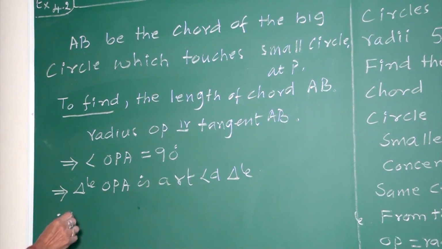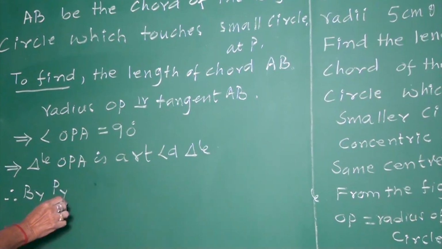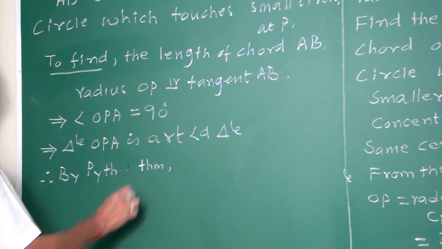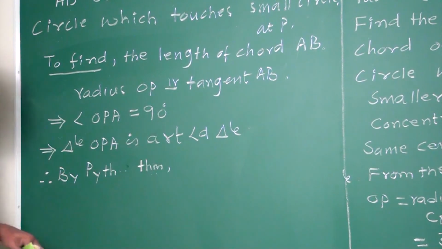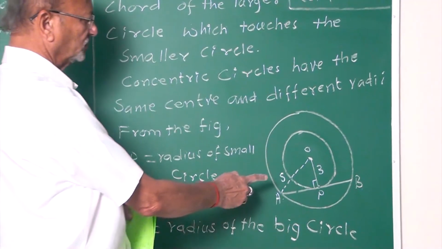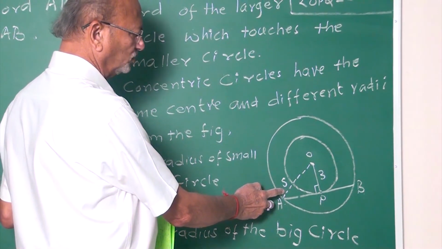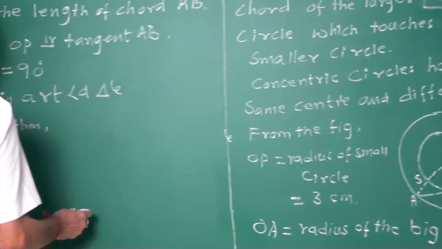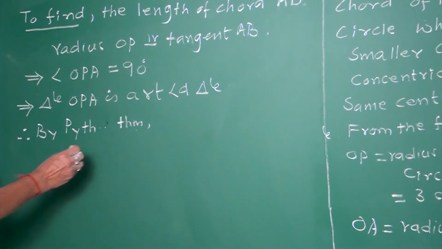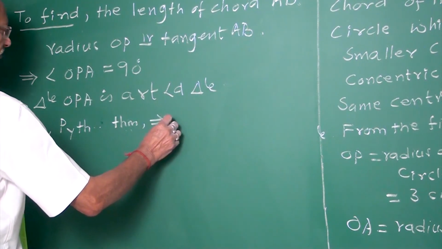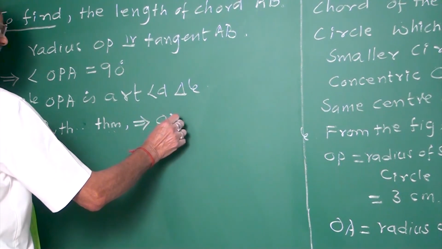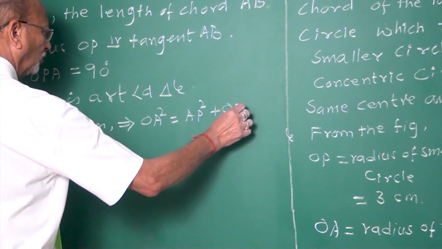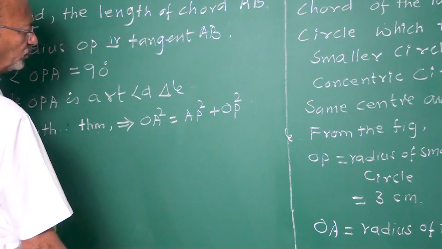Therefore, by Pythagoras theorem, we have, hypotenuse OA square equal to OP square plus AP square. OA square equal to AP square plus OP square.